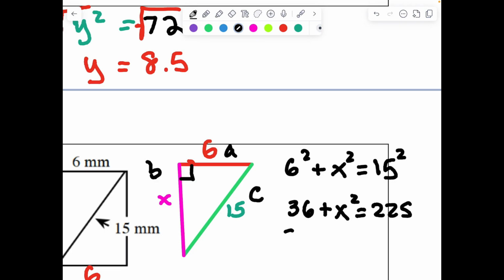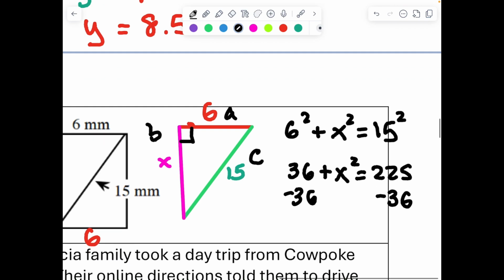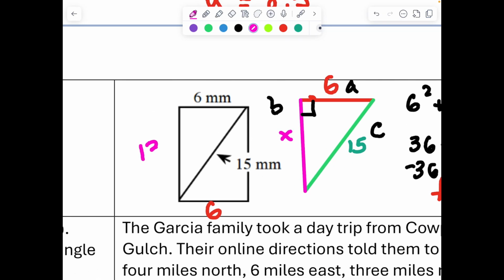And then I can subtract 36 from both sides to get 189. And then, of course, my last step is to take the square root of both sides. And I'm going to get 13.7. So that's this side right here.